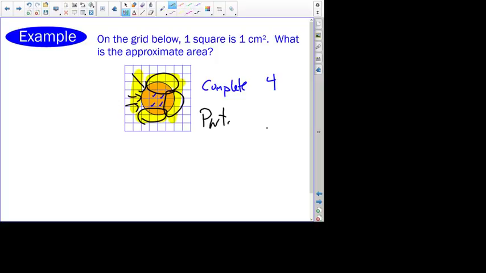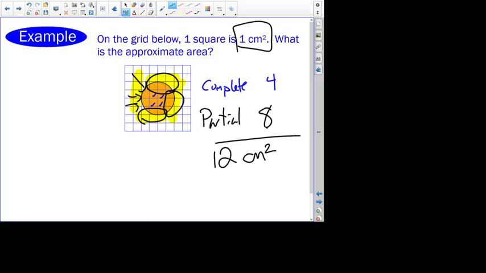So partial, I have 8, for a total of 12, and because we're told that 1 square is 1 centimeter squared, for a total of 12 centimeters squared in area. Okay? You have to do something to show your work when you're doing these questions. If you just give me a number, it's not good enough.